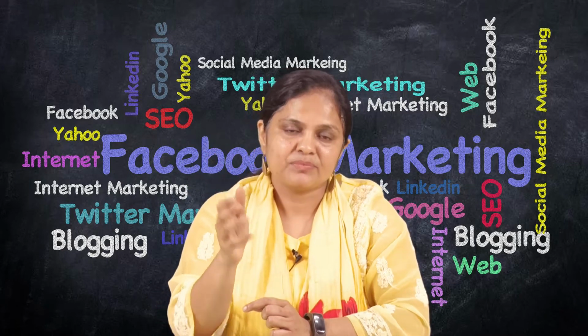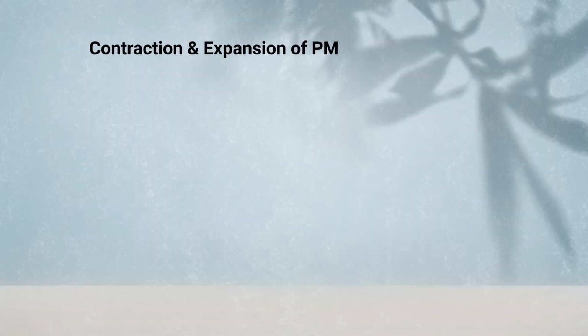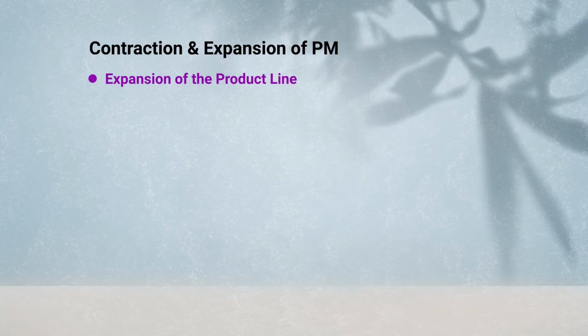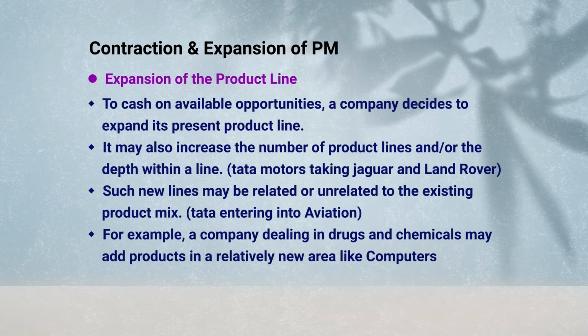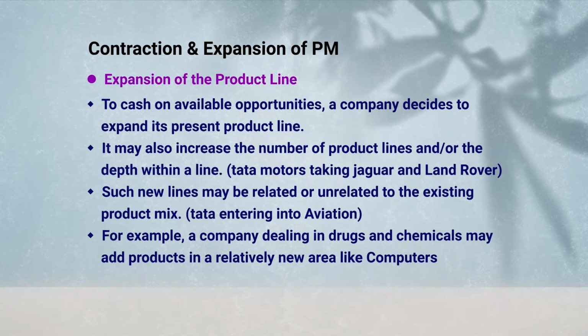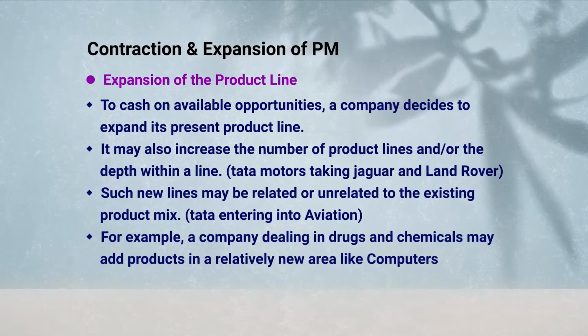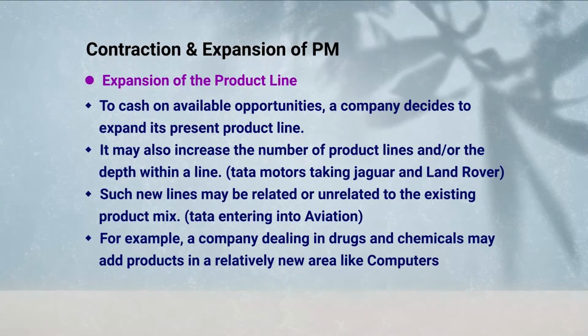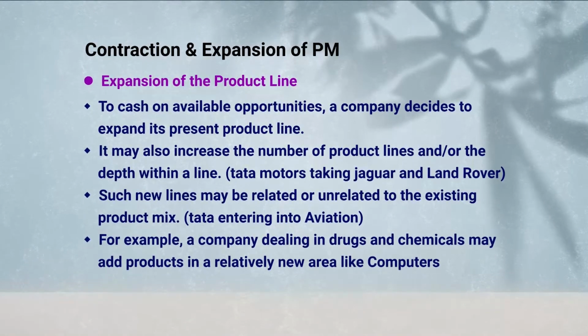Now the second thing is expansion of product line or product mix, which is just the opposite of what we have already discussed. Contraction means suspending, so expansion means adding, right? If you are adding another product in your product line, that becomes expansion of product line.